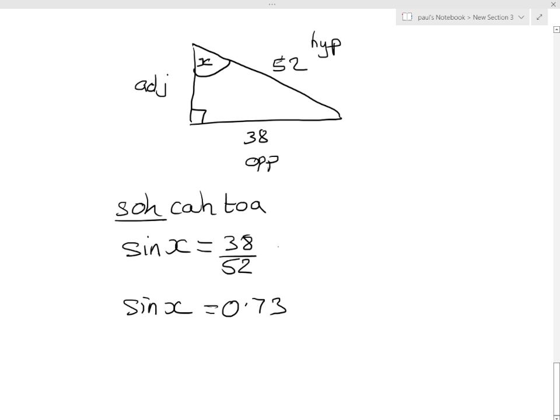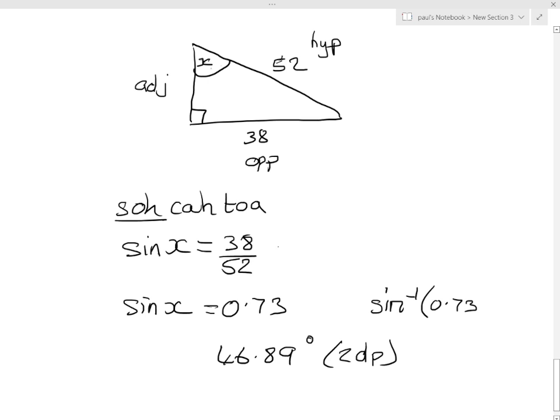So you go shift sine again, and 0.73 on your calculator. So shift sine 0.73 equals an amazing 46.89 degrees to 2 decimal places.